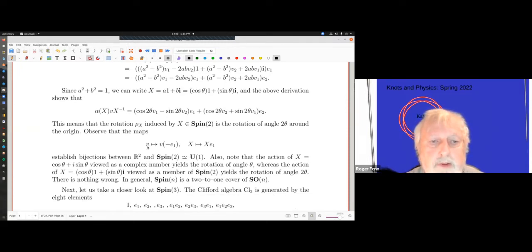This map here, multiplying by B1, and this V, of course, is B1 and B2, establishes a bijection between R2 and C2.